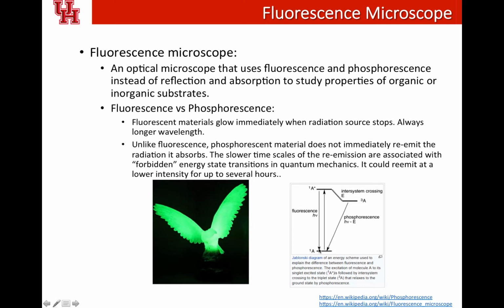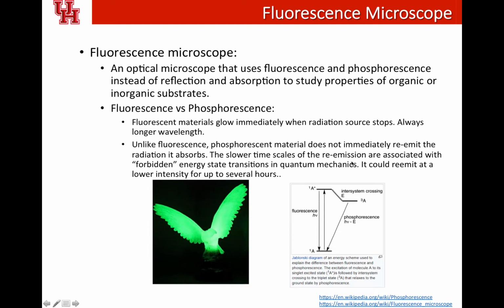The phosphorescent material does not immediately re-emit the radiation it absorbs. It re-emits very slowly because it has jumped to a so-called forbidden energy state, a transition state in quantum mechanics.